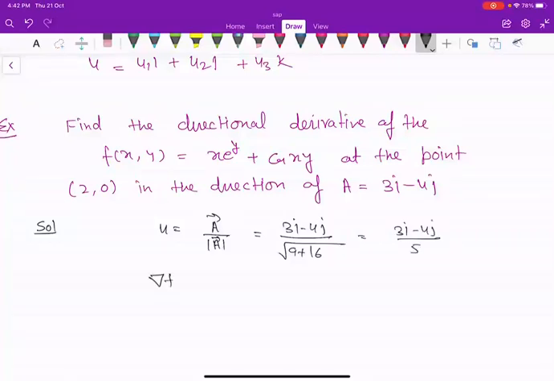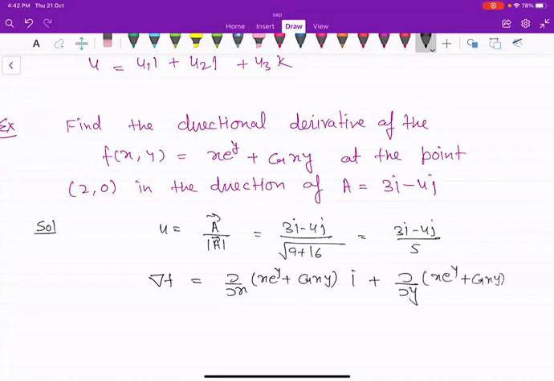And delta f equal to what? Del over del x of e raised to x y plus cos xy i, plus del over del y of e raised to x y plus cos xy j.